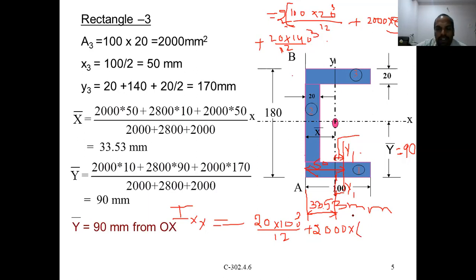So 50 minus 33.53 is nothing but 16.47. Okay, 16.47 square. This time I will check the calculation. 50 minus 33.53 is 16.47, right? So 16.47 square.